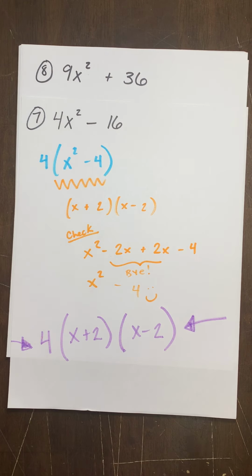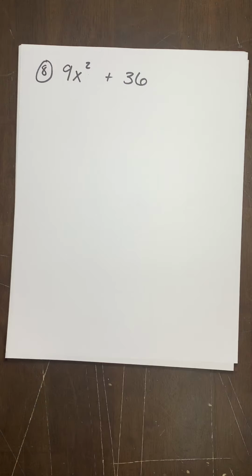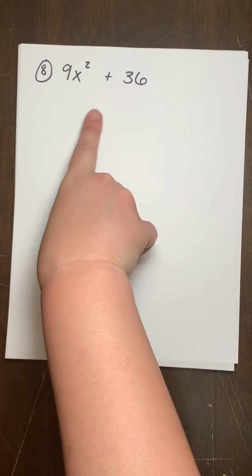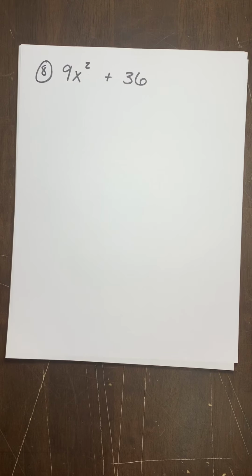Number 8 is the last one. You might be tempted to say prime. This is a sum of squares. It is a sum of squares, but can you feel that there is a GCF?